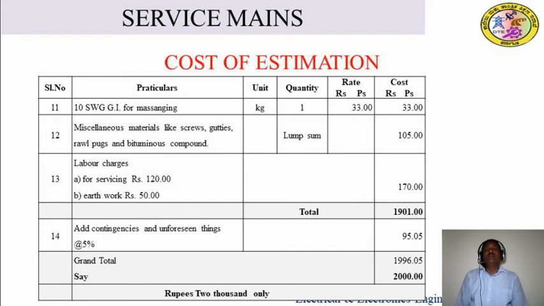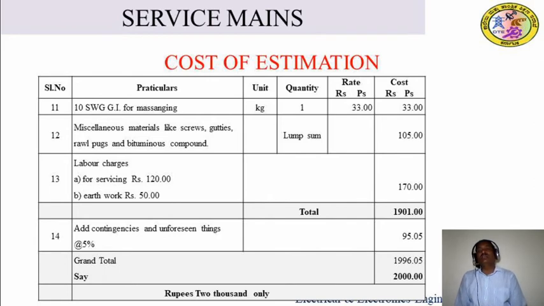Next, as I told you, we add contingency and incidental charges at 5%. Suddenly the market price may jump up, or due to climatic conditions, floods or others, the material may be lost or damaged, or there may be transportation issues, and suddenly the market rate will jump.